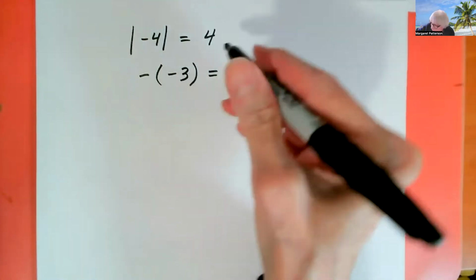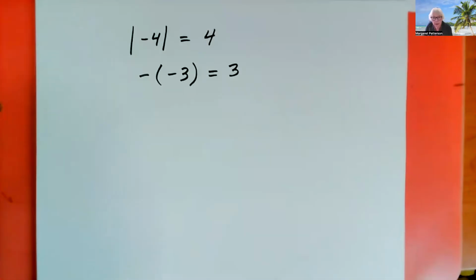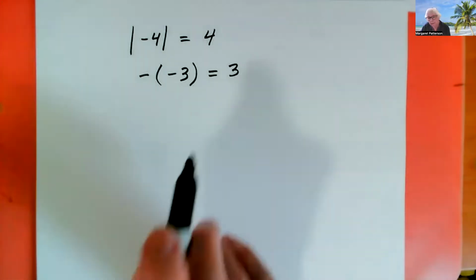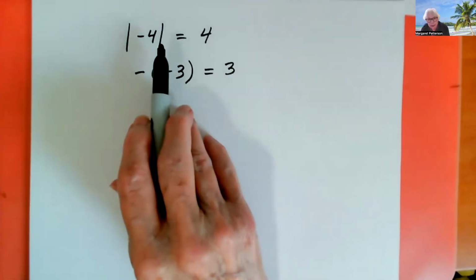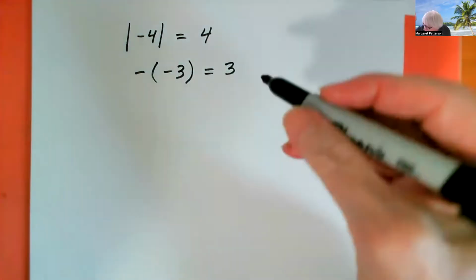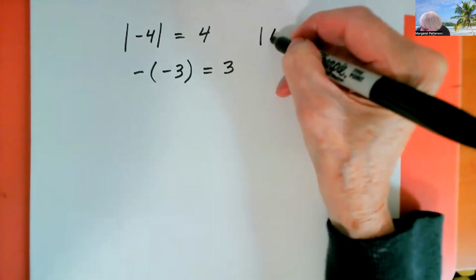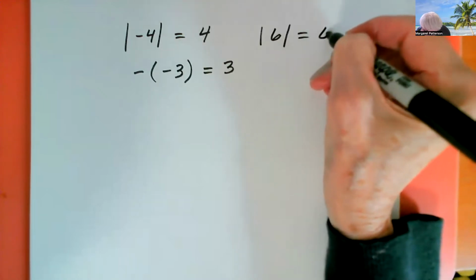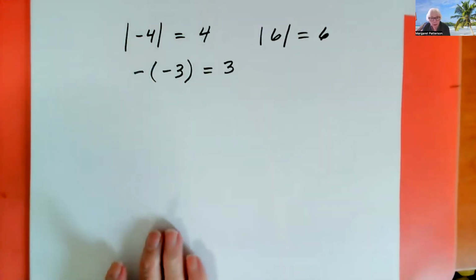The opposite of -3 would be 3, that kind of thing. And so it's not a big deal. It's a whole section, but I think once you get familiar with this, and maybe you've seen it before and maybe not, then you know the absolute value of 6 is just 6. And so they would write it like that.